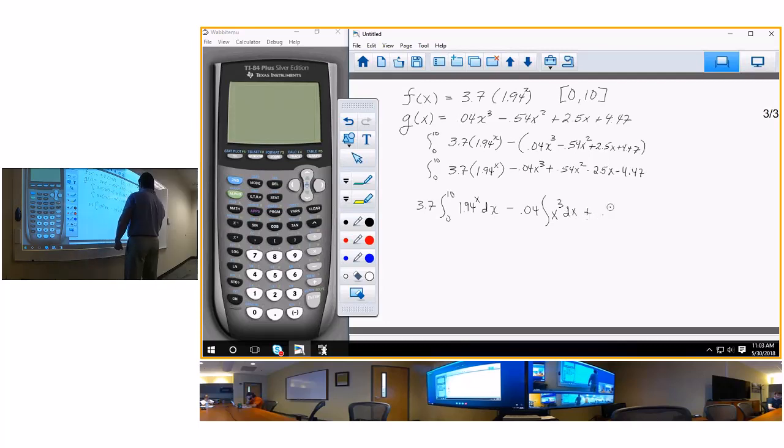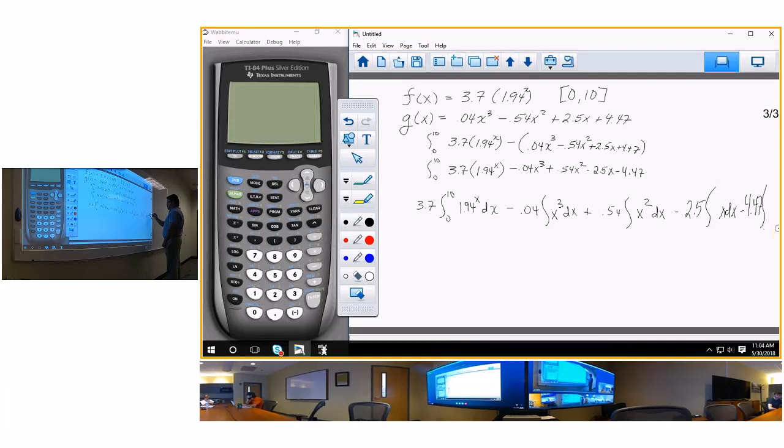Plus 0.54 antiderivative of x squared dx. Minus 2.5 antiderivative of x dx. And then minus 4.47 antiderivative of x to the 0 power dx. That's x to the first power.